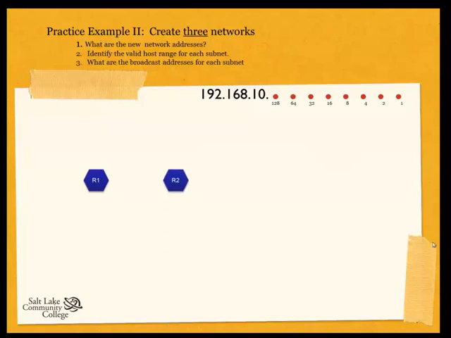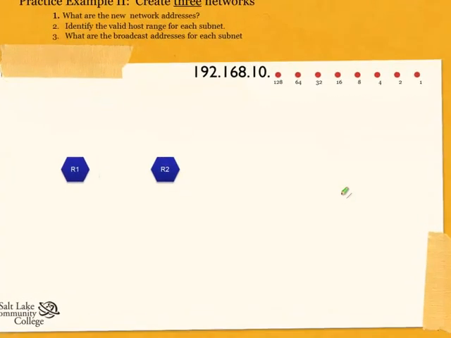I brought in another router here to expand upon our network, because we're going to create a segment between the routers for this particular scenario, and then 2 LAN segments. How many bits do we need to borrow? We need to borrow 2 bits because we need at least 3 networks or 3 possibilities, and we need at least 2 bits to get that. So what we're going to do is draw our line. 1 bit, 2 bit.